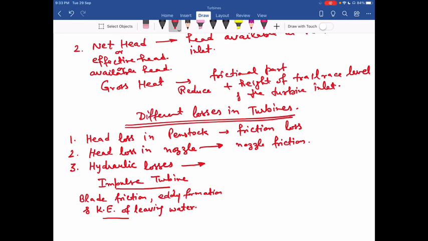Okay. Now in case of reaction turbines, apart from all these losses, there is one more loss that is due to friction in the draft tube.